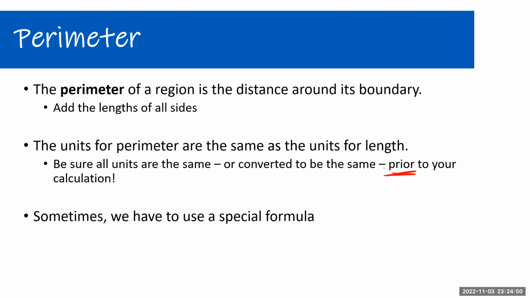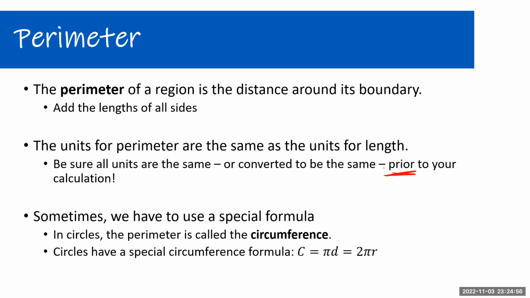And sometimes we're going to have to use a special formula. So if we're adding up a rectangle, just add up all the sides, right? But when we have something like a circle, we can't just add up all the sides. We don't know the sides, okay? We usually are only given the diameter or the radius. The length around a circle, its perimeter, it's called the circumference, okay?